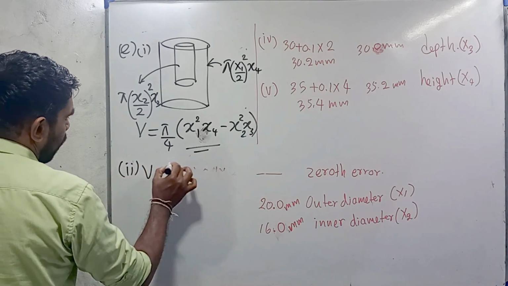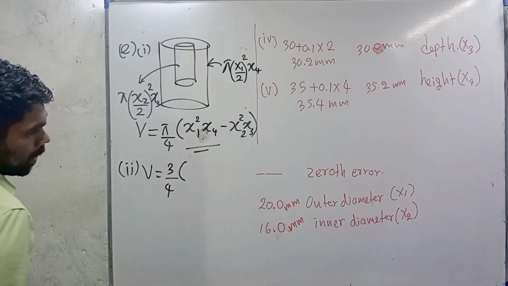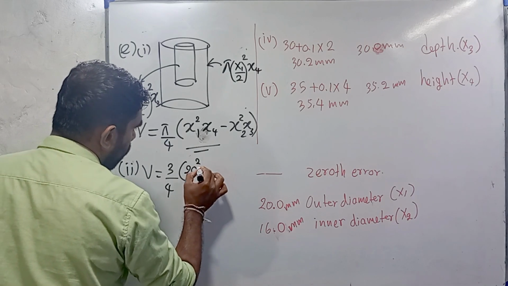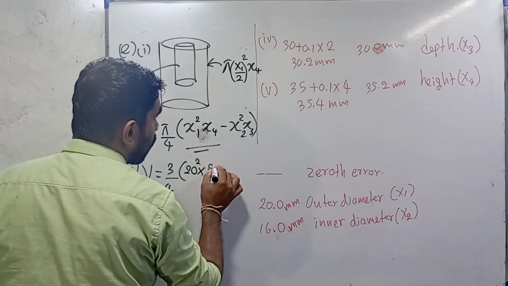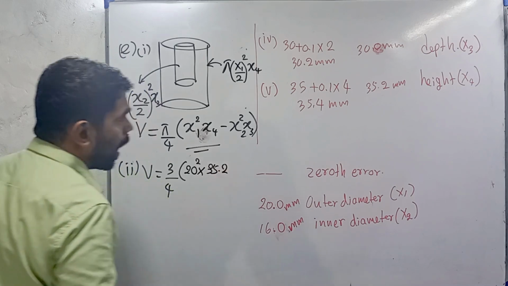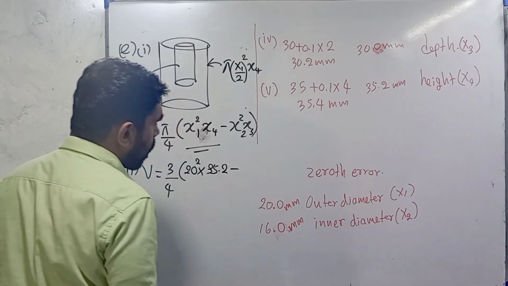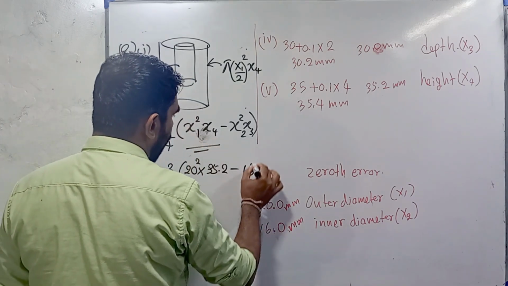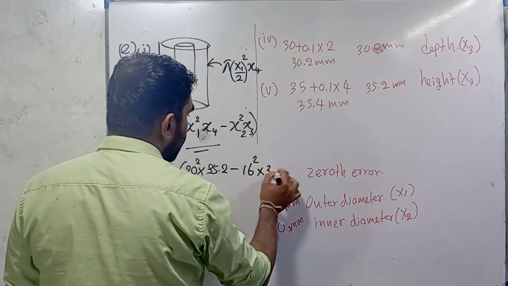V equals phi value 3 over 4 x1 squared. x1 means this one 20 squared. Multiply by x4. x4 is 35.2. When calculating we have to use corrected values, not readings. x2 is this one 16 squared. x3 is 30.